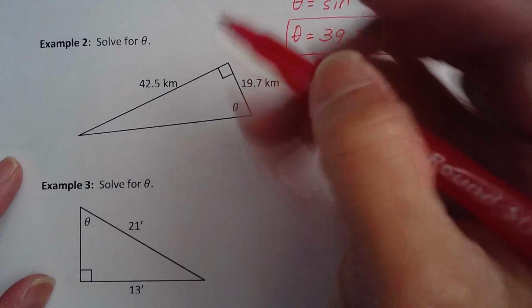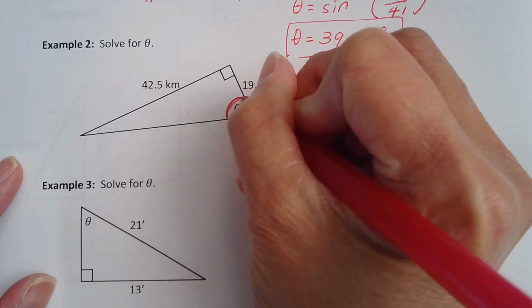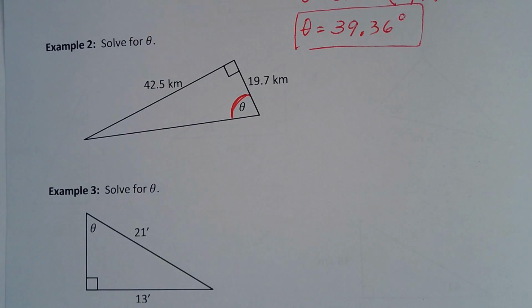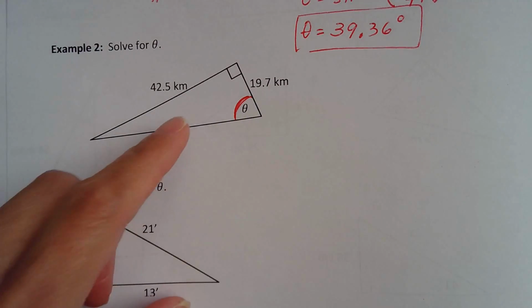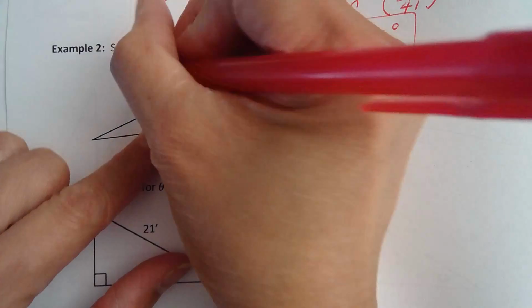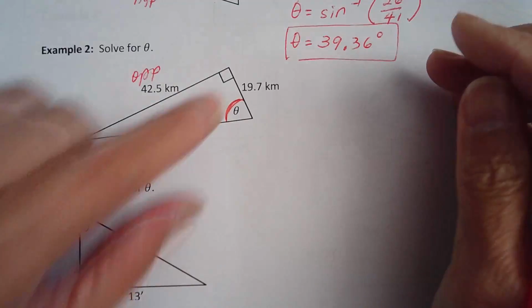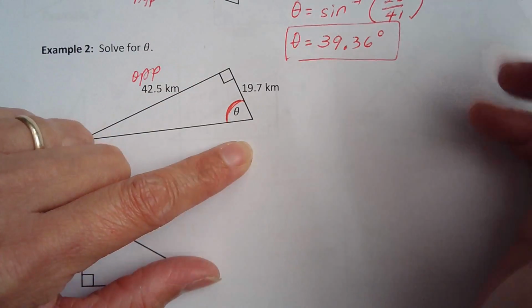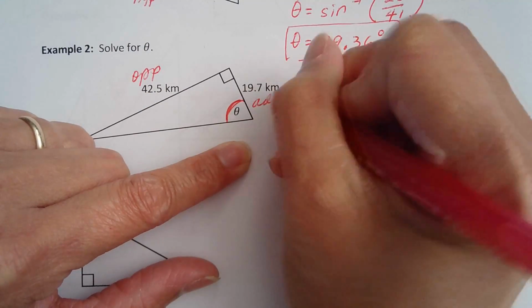Solve for theta. Okay, here's my theta. Let's label the sides. What do you call the 42.5? Opposite. What do you call the 19.7? Adjacent.